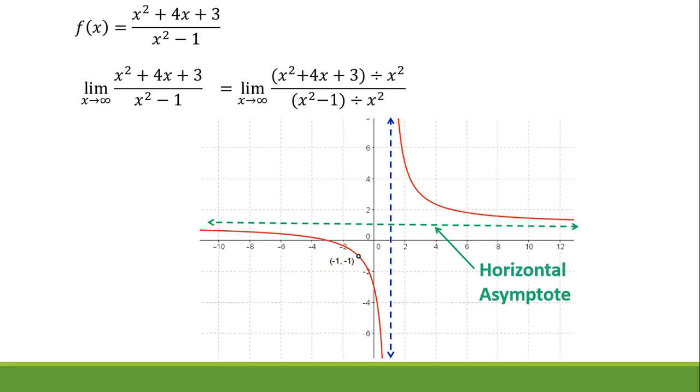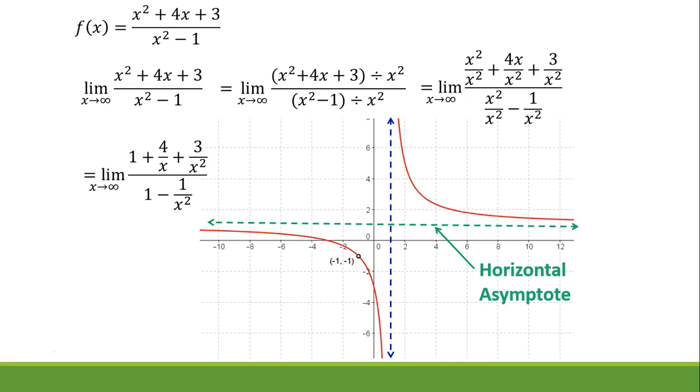Since we're dividing by the same thing in the numerator and denominator, we are not changing the fraction. It's just going to look like it's in a slightly different form. We'll divide every single term in the numerator and denominator by x squared. If you simplify all of those fractions, we get something that looks like this.